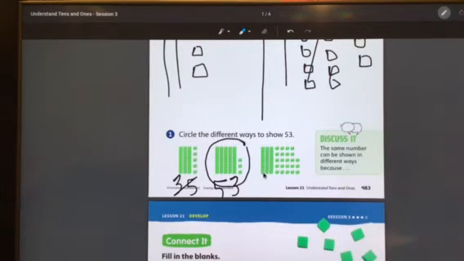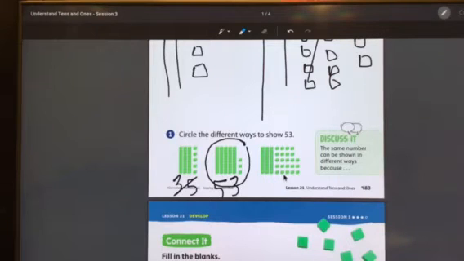Here you have 3 tens, and you have 1, 2, 3, 4, 5, 6, 7, 8, 9, 10, 11, 12, 13, 14, 15, 16, 17, 18, 19, 20, 21, 22, 23. You have 3 tens and 23 ones.